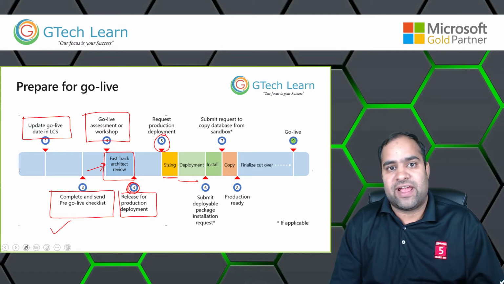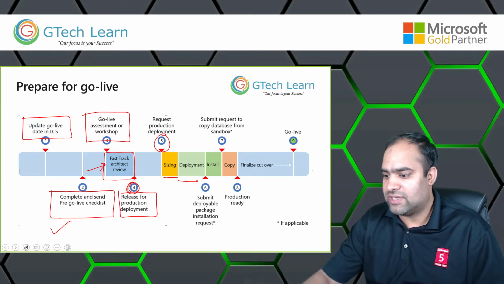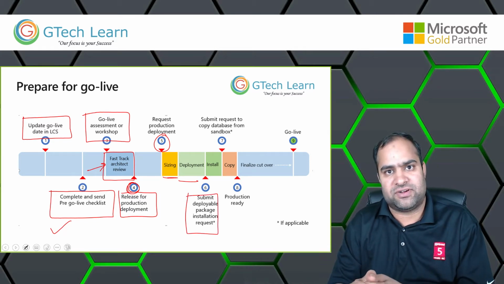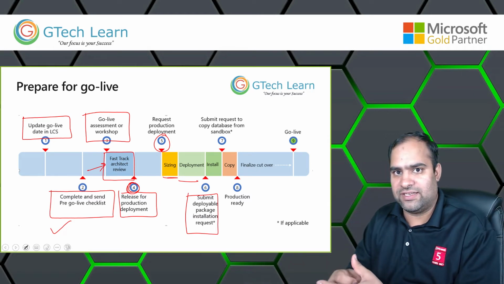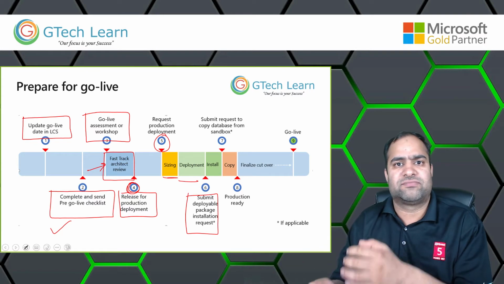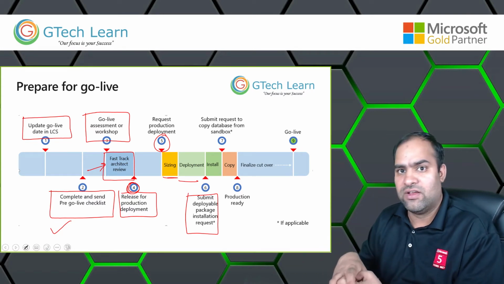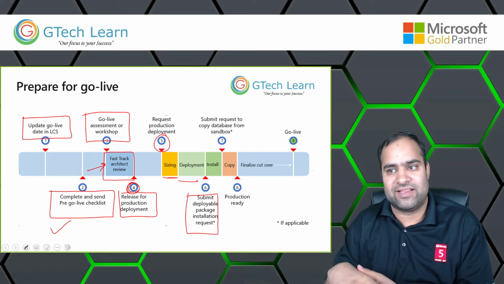Once your deployment is completed, you submit your deployable package installation request to Microsoft. By default, the defined downtime is always 4 hours, but it can change depending on how big or small the customizations are.